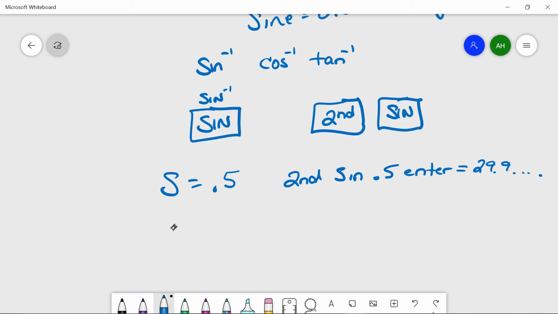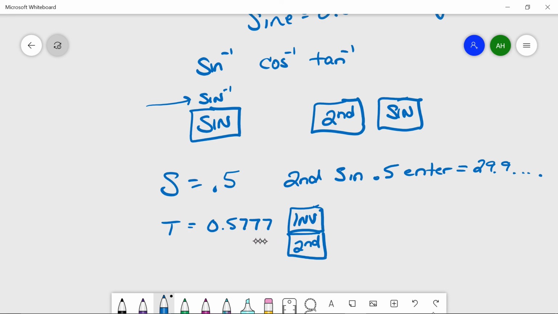If they've given you that the tangent equals 0.5777, for me, you would hit second. For someone else, you might actually have a button called inverse, or a button called second. There's going to be something you need to hit to get the words that are written above your keys.